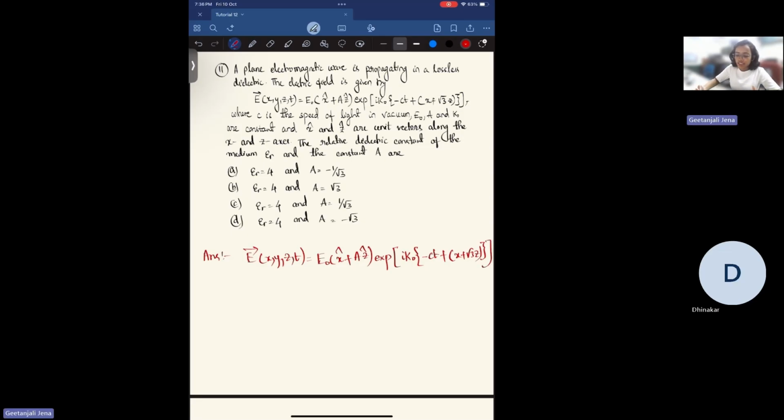This is the electric field expression. C is the speed of light, E0, A and K0 are constants, and x cap and z cap are the unit vectors along the x and z axes.